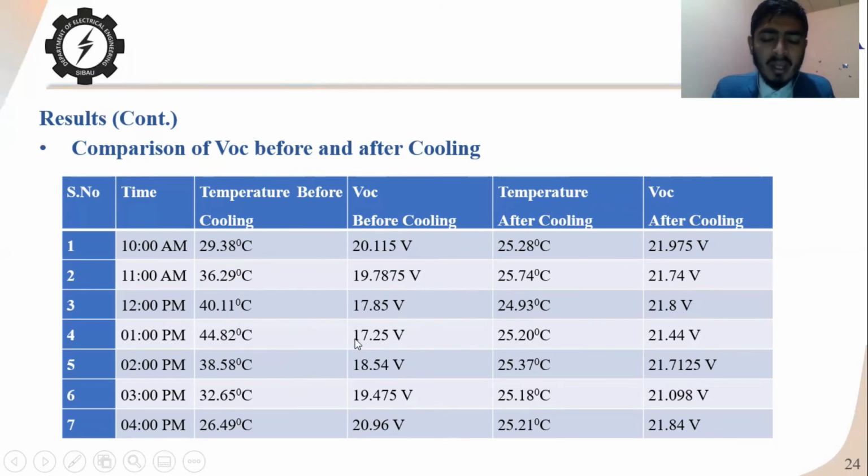The VOC has decreased from 22.12 to 17.25 volts. The temperature after cooling is 25.20 degrees centigrade, and you can see that the voltage increased from 17.25 to 21.44 volts, and the VOC after cooling is approximately its rated value.